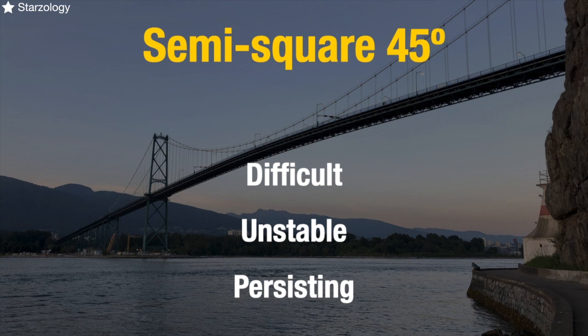However, if you do have squares, then the semi-squares will just add to where tension will be happening and provide some instability to any planets that they connect to, and squares that jut off from there. So the image I have there is actually the Lionsgate Bridge in Vancouver, and because it's a suspension bridge, the tension is actually there.